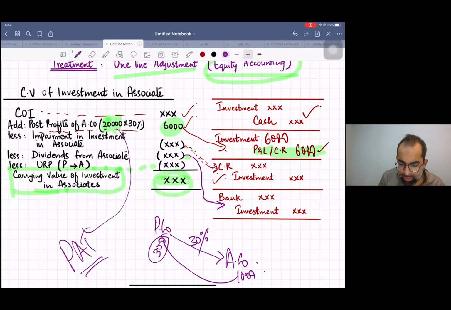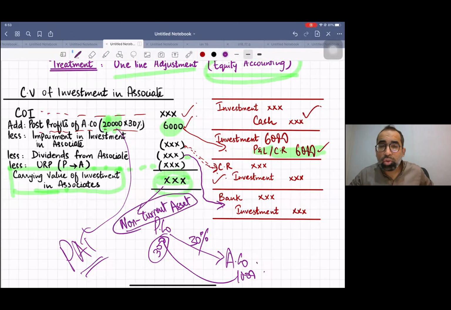And finally, you get the carrying value of investment in associate. And yes, this carrying value of investment in associate is recorded as a non-current asset in the non-current asset section in consolidated books.